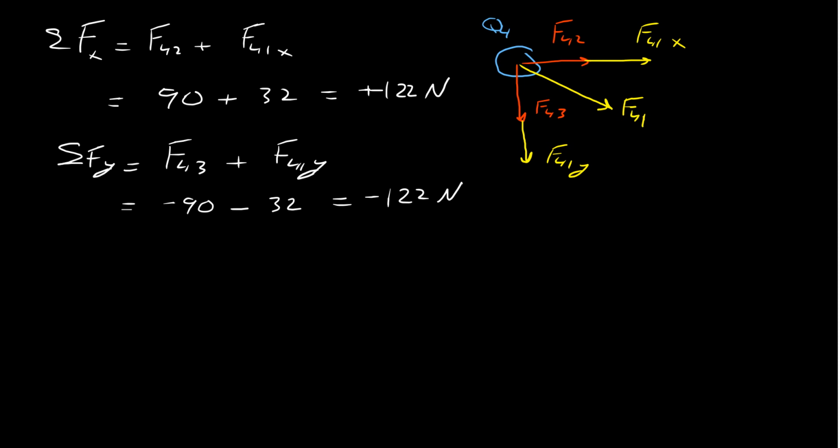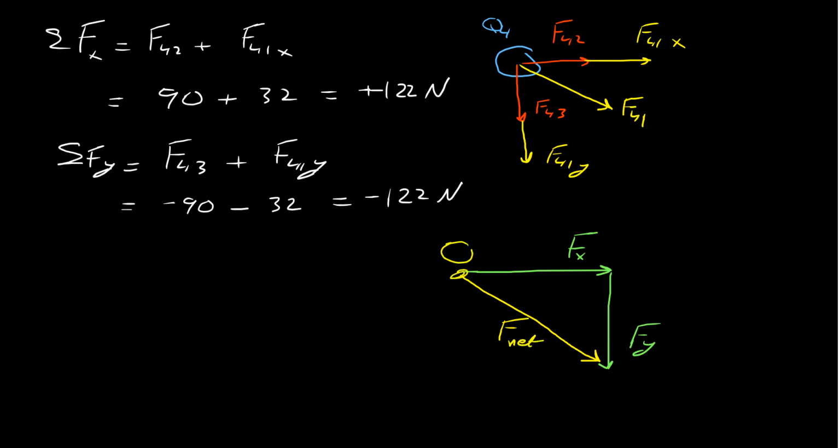So if I want to simplify things, I can draw that this is the total Fx going to the positive side. This is the total Fy, and this one will be my net electrostatic force acting on my Q4 charge.